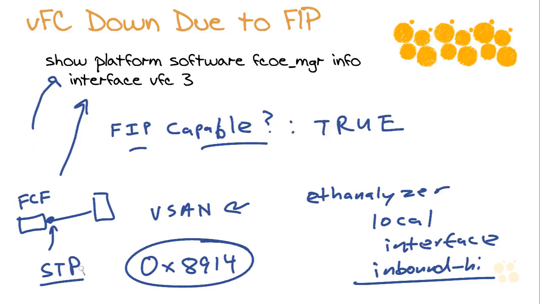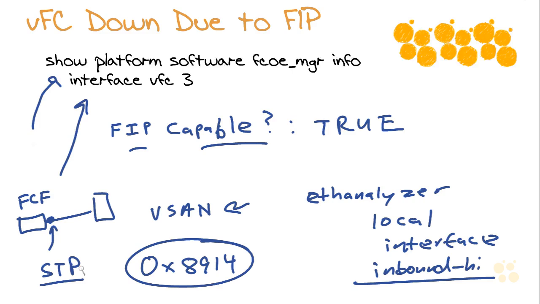This bound interface should be in a spanning tree protocol forwarding state for both the native VLAN and the member Fibre Channel over Ethernet VLAN that's mapped to the active VSAN. If no spanning tree protocol active ports are on the VLAN, then the switch will drop all FIP packets that are received on the VLAN over the bound interface.